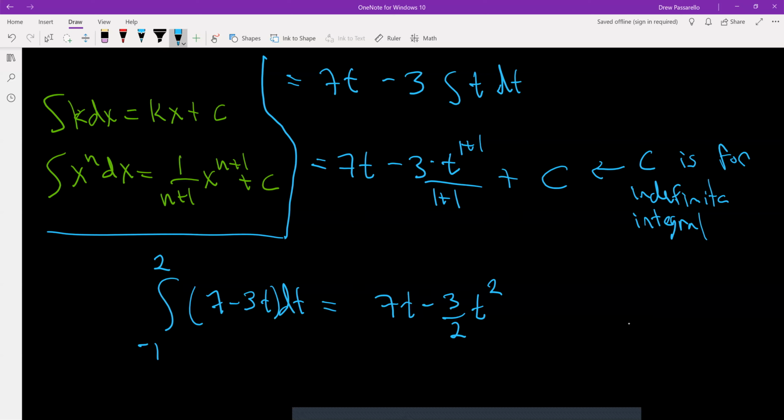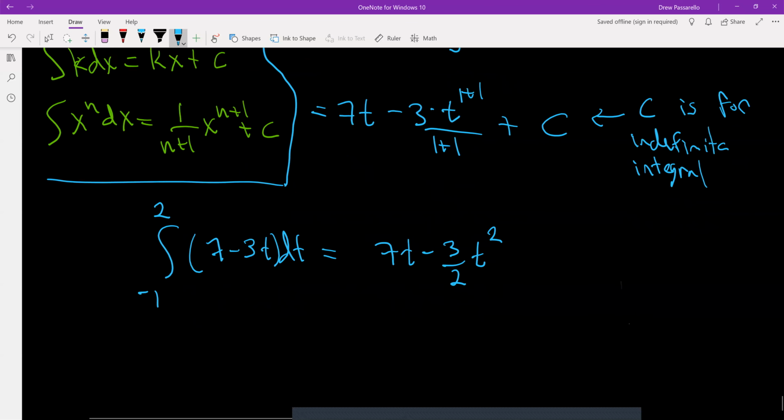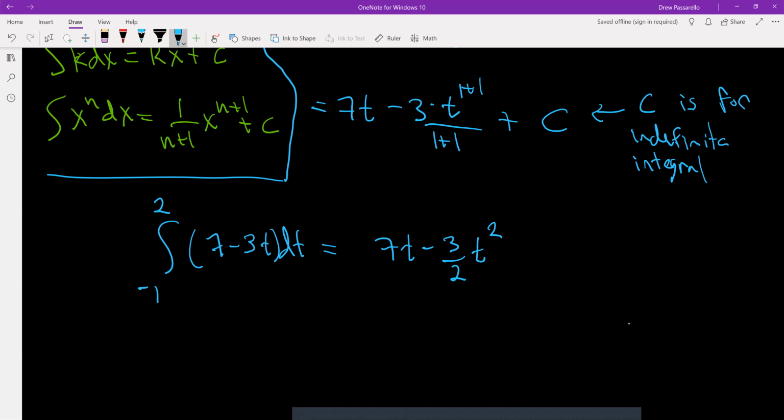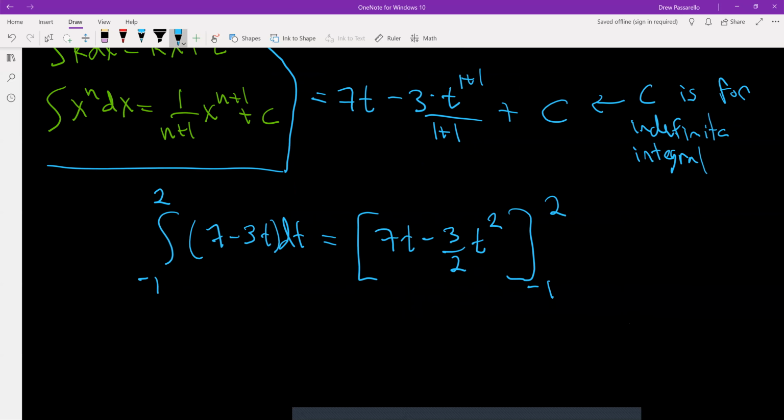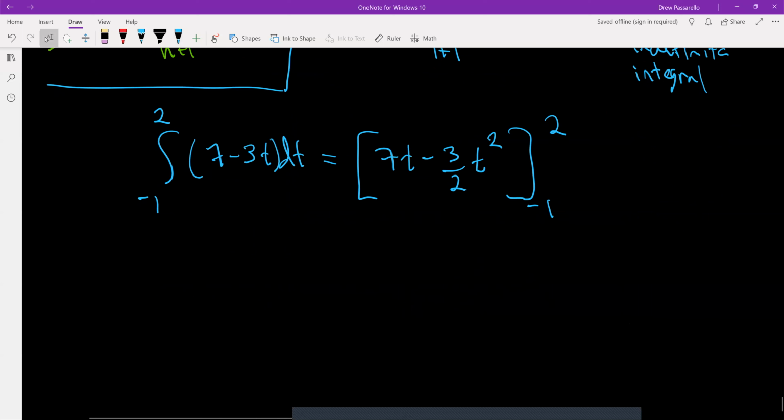And since we're dealing with a definite integral, I'm going to ignore the constant of integration, and I'm going to put this antiderivative in brackets like this, and then I'll put the bounds -1 and 2. And now I'm going to apply the F of b minus F of a.